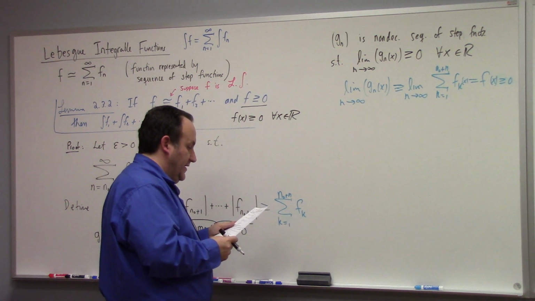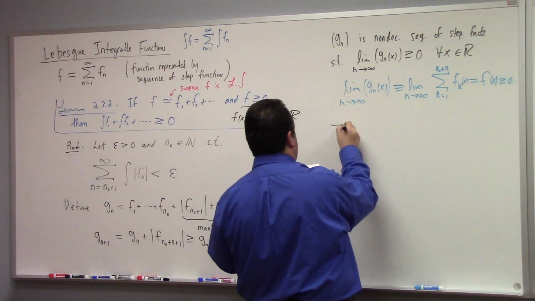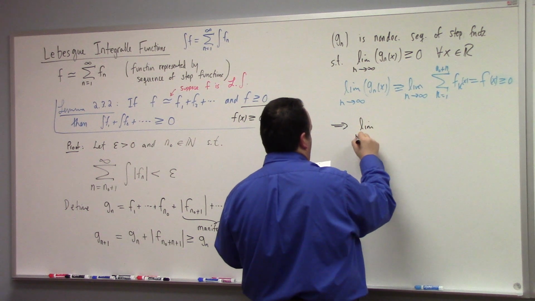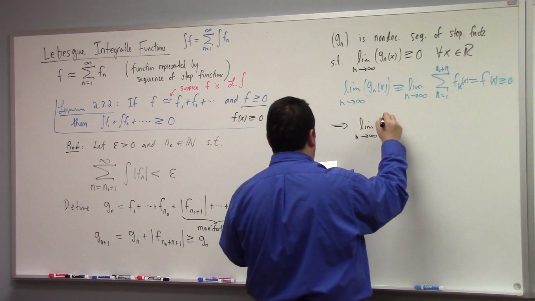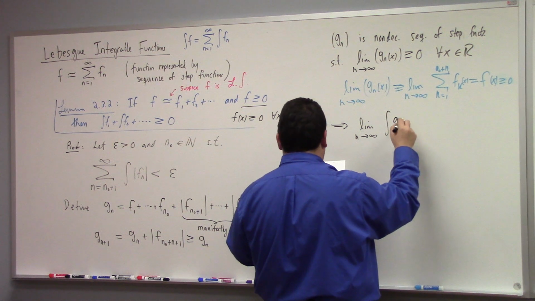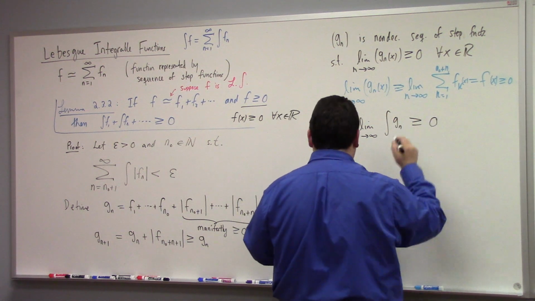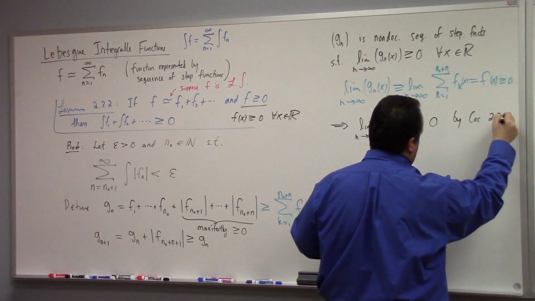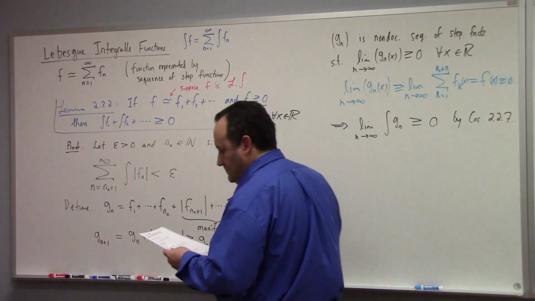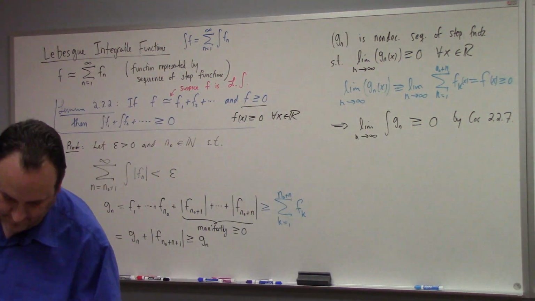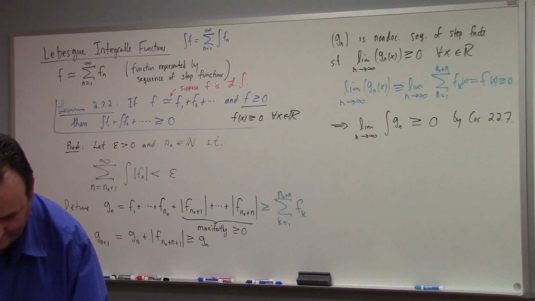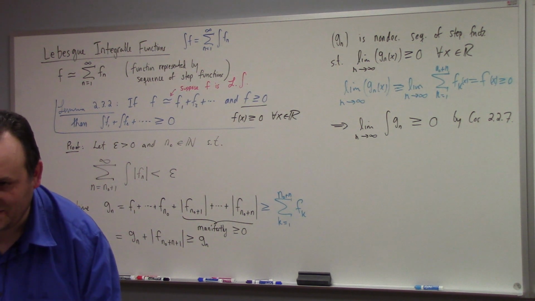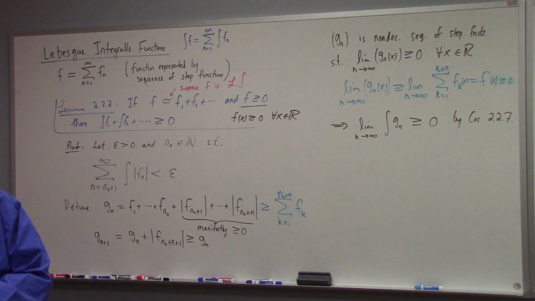He says this implies that the limit as n goes to infinity of the integral of gn is greater than or equal to 0 by corollary 2.27, which I think we talked about last time. I don't think we actually proved anything last time.